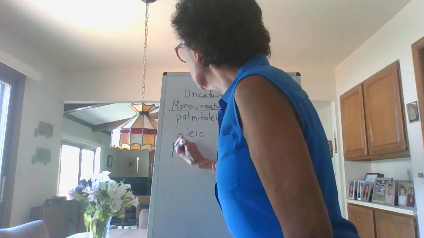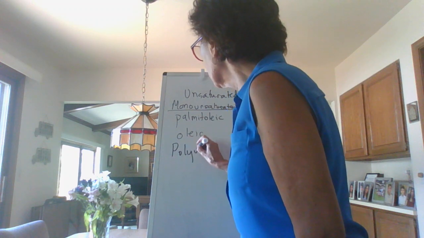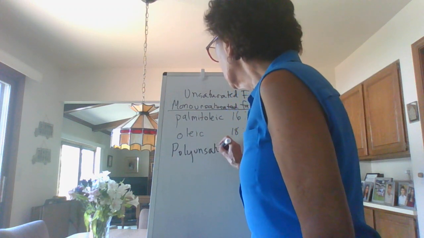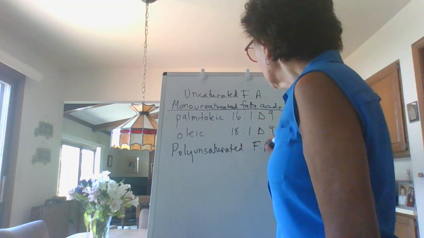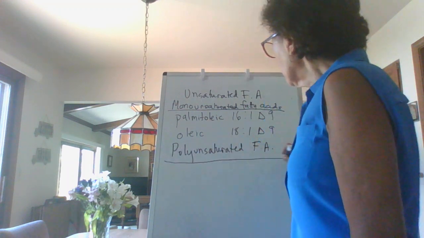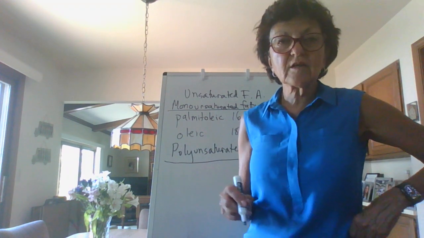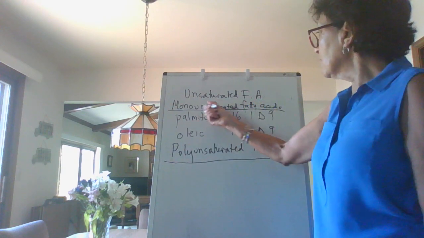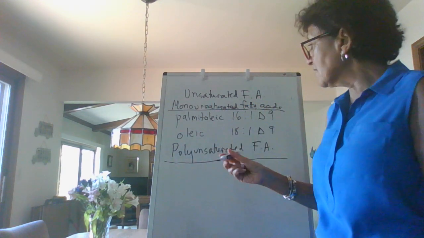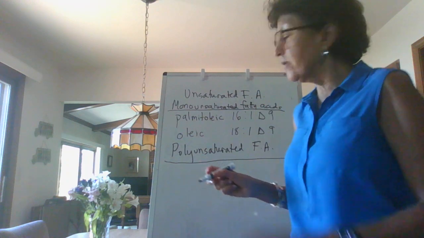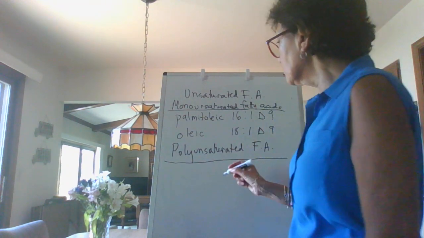The polyunsaturated, I'm going to again write Fa for fatty acid. Sometimes they call them the PUFAs and the MUFAs. The monounsaturated fatty acids, palmitoleic and oleic. Polyunsaturated, these are the ones we need to know, and we'll draw their structure in a little bit.